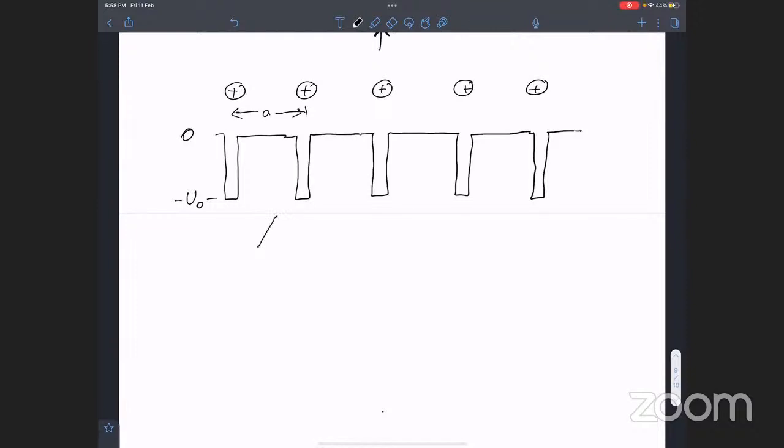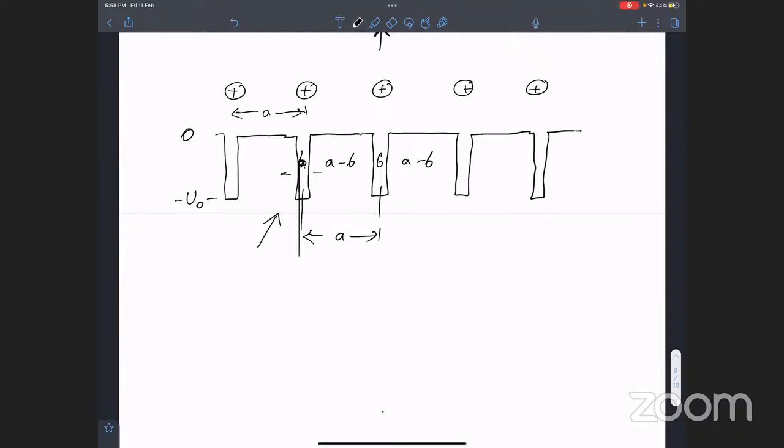So this kind of a potential is somewhat simpler. It's an approximation, obviously. Now in this potential, distance between here and here will be A, right? And this width will be A, this width will be B, this will be A minus B. So B, A minus B, B, A minus B, like that, right?